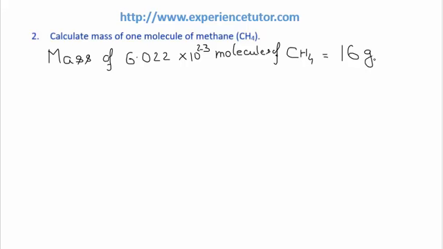We know that carbon's atomic mass is 12 and hydrogen's 1. There are 4 hydrogen, therefore 12 plus 4, that is 16 gram. So similarly, we can find the mass of one molecule.